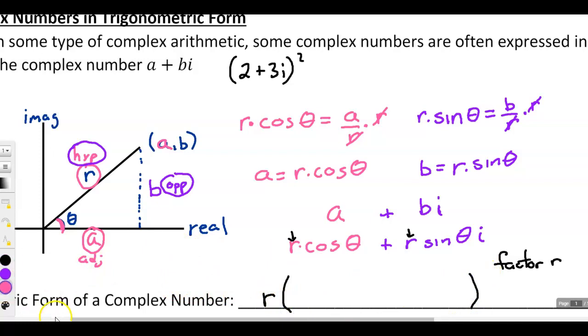And we're left with something called the trigonometric form of the complex number. For different types of problems, the i is written afterwards and the i is written before. In this sense, when we're using the trigonometric form, we put the i in the front. So we could say r times the quantity of cosine theta plus i sine theta. That's how we'd actually say this out loud.